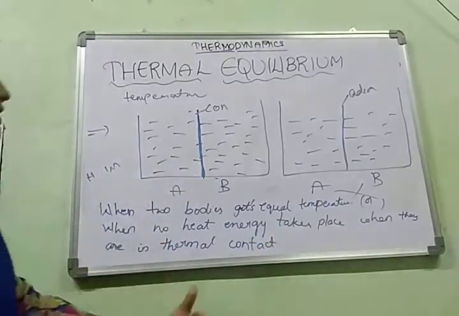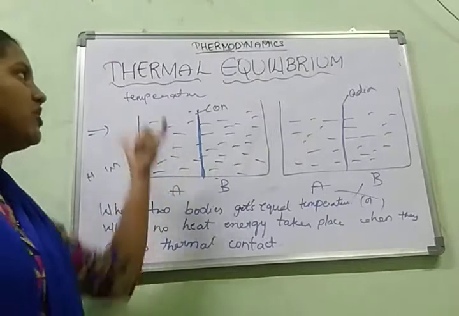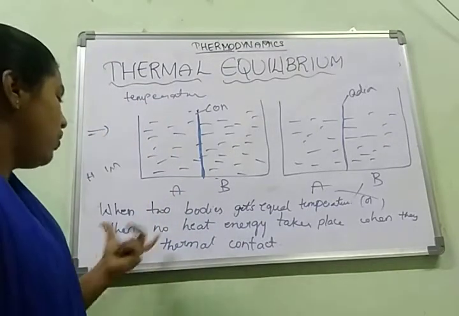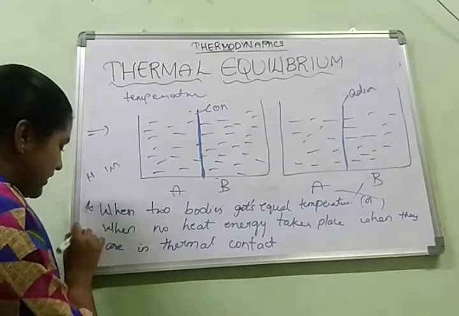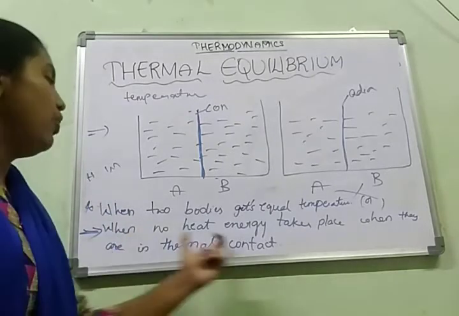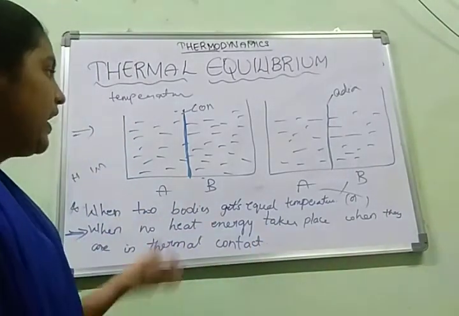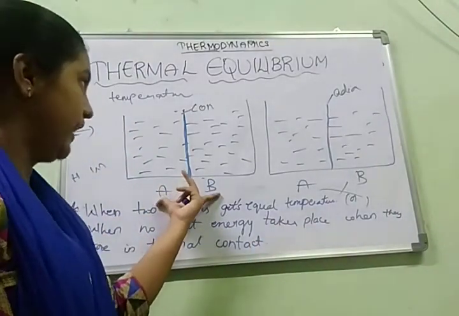Listen here. Thermal equilibrium is based on temperature, or nothing but heat. This is the important part: when no heat energy transfer takes place, when they are in thermal contact. Here, these two are in thermal contact.